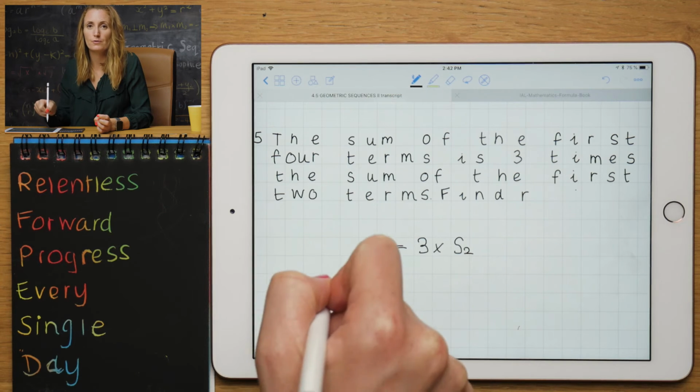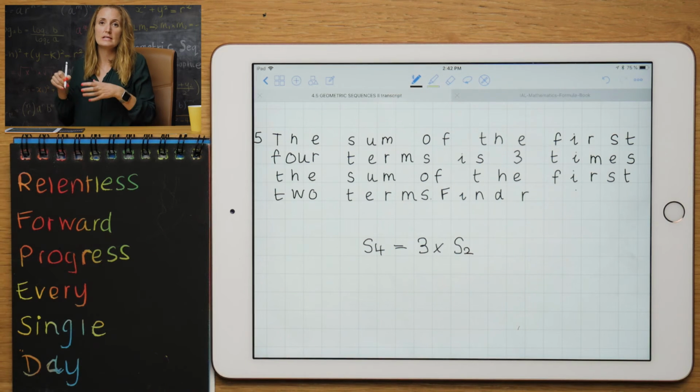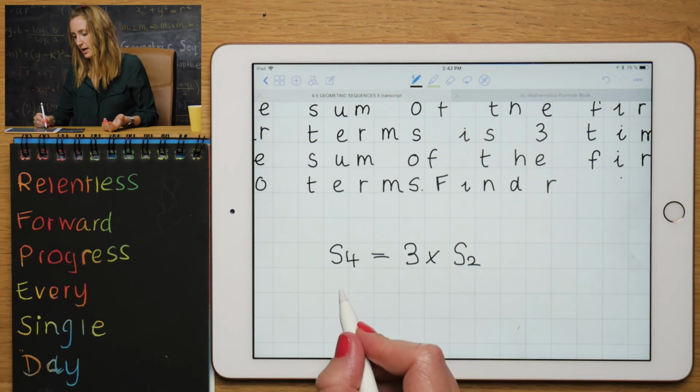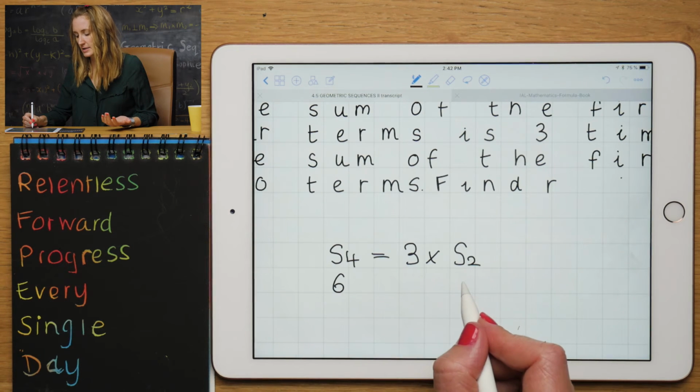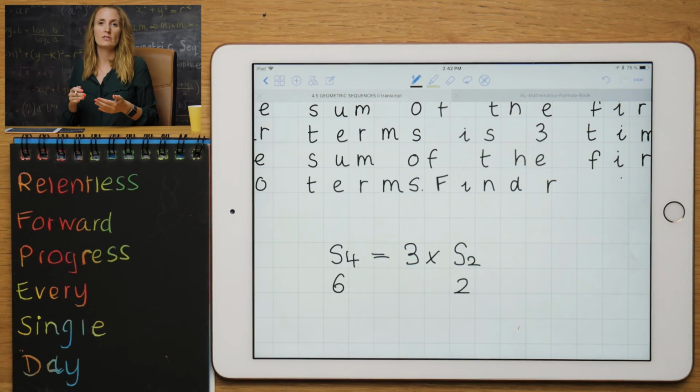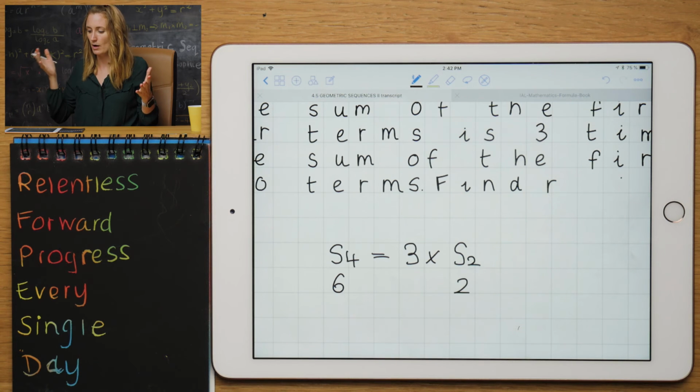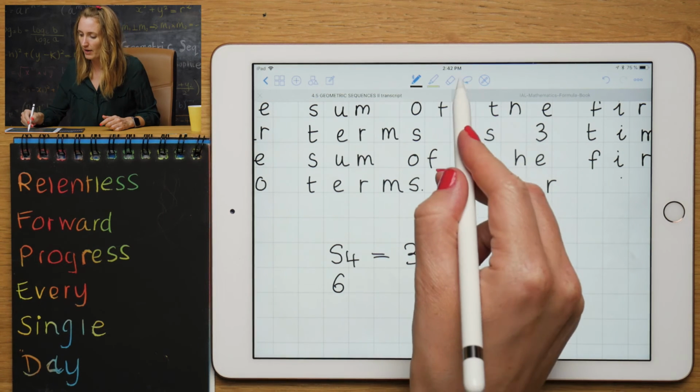If S4 is 3 times bigger than S2, so imagine, for example, S4 is 6 and S2 is 2. If I want to make them even, I need to times S2 by 3. I need to increase S2 by a factor of 3 to make them the same.